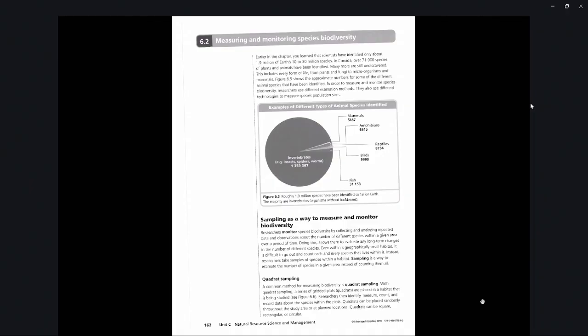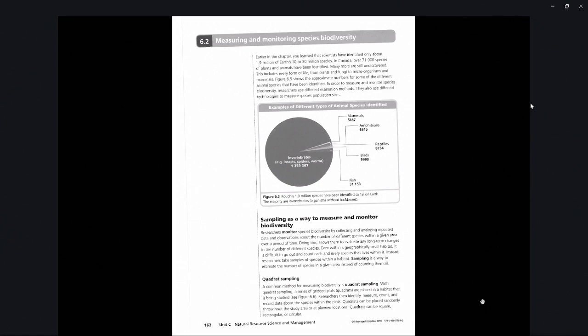You'll see that there's a table, and it's got examples of different types of animal species identified. And you'll see there's a pie chart, and the big portion of that pie chart is invertebrates. That means they don't have spines, right?